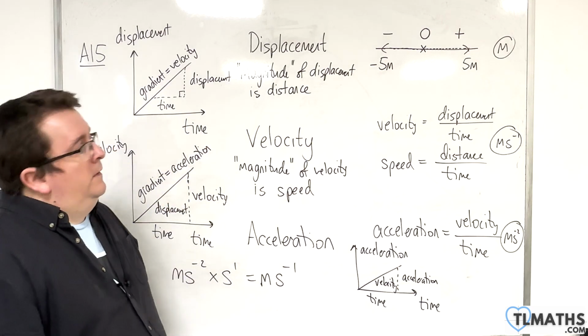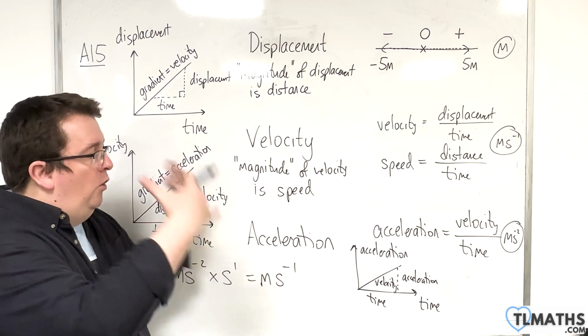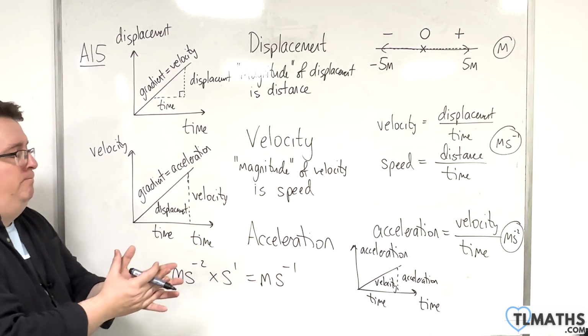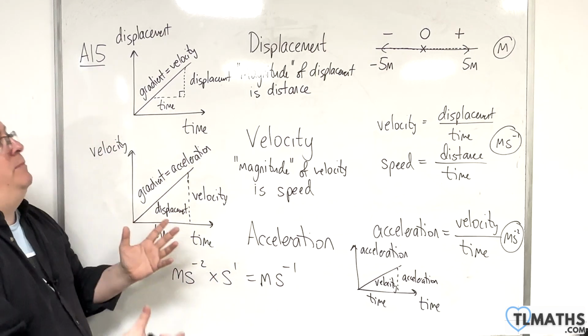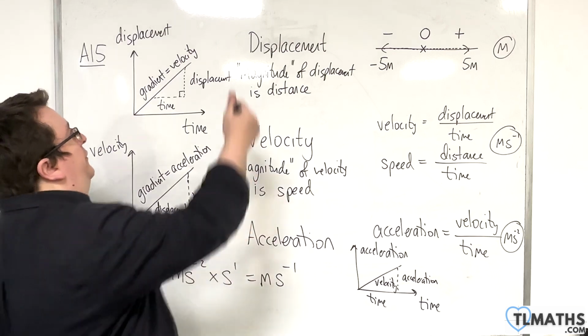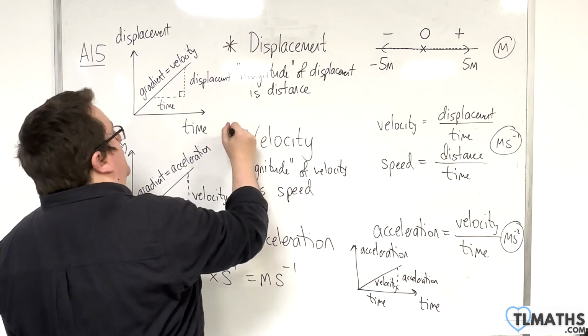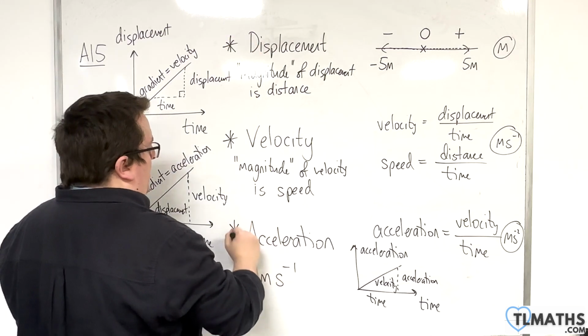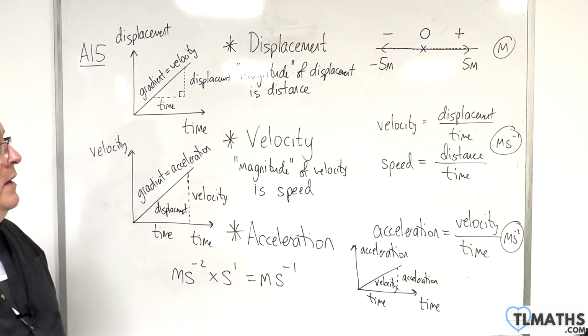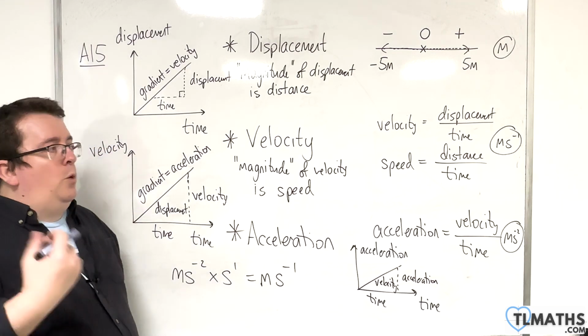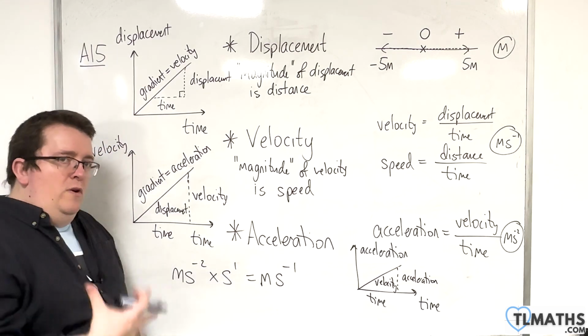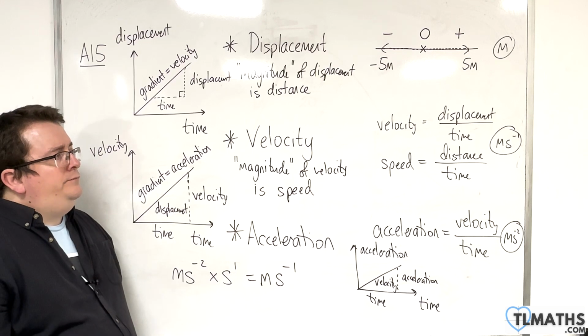So there's a whole linkage here between these three key concepts in kinematics: displacement, velocity, and acceleration. I've gone through a lot of these concepts quite quickly, but I wanted to bring them all together.